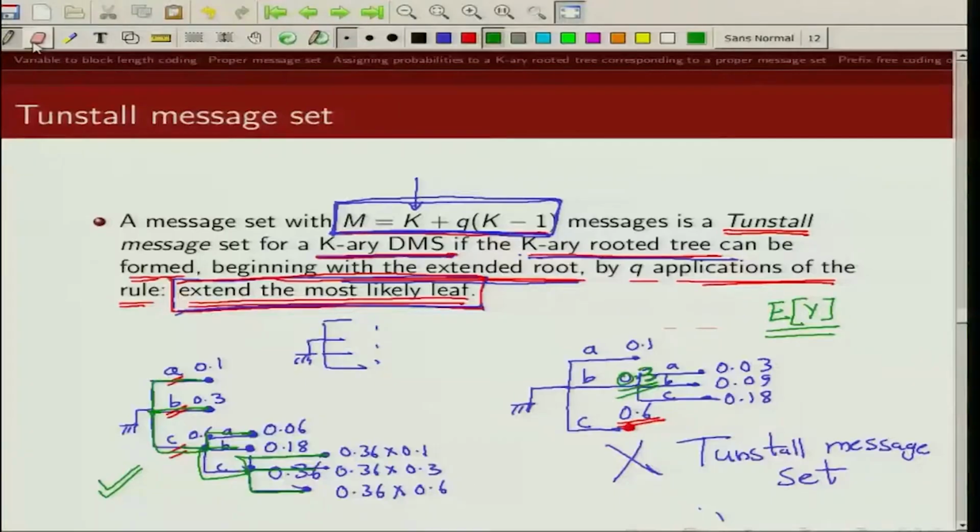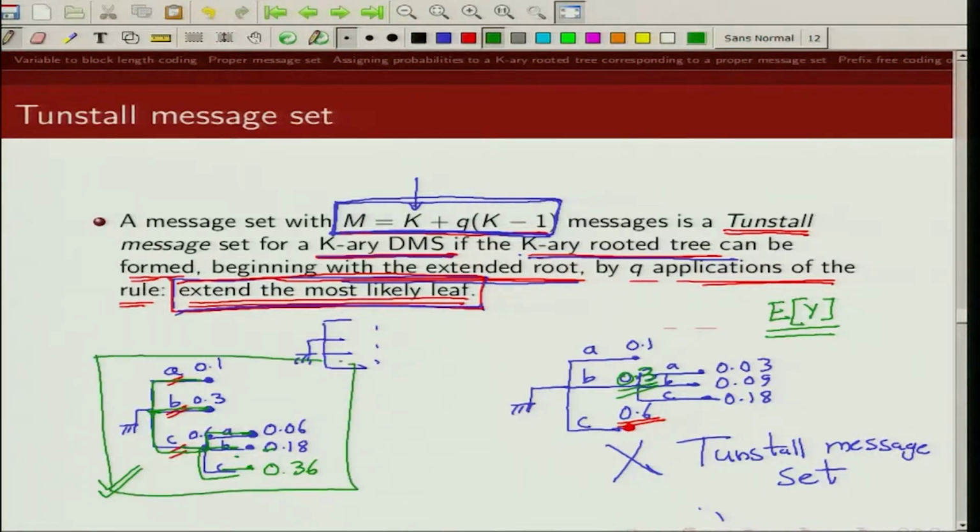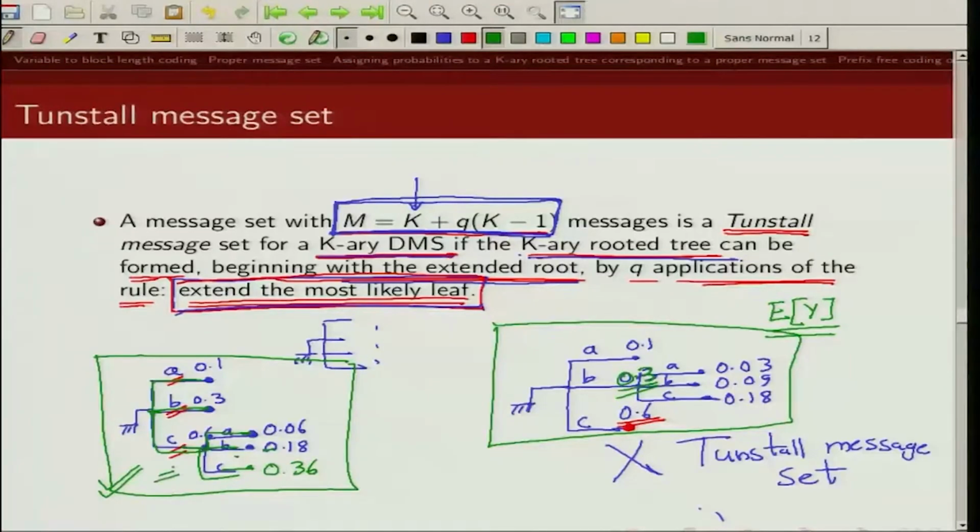Now let us take the same example. Let us take this example which is a Tunstall message set, and this example which is a non-Tunstall message set. In both the cases I did a single extension of the extended root. In the Tunstall message set I extended the leaf which has 0.6 probability.